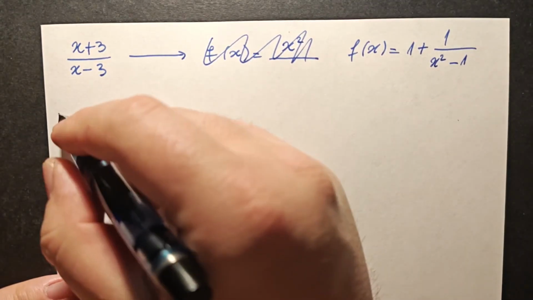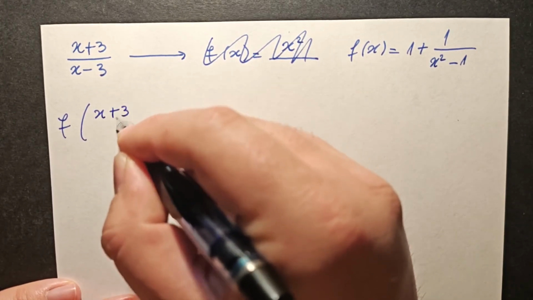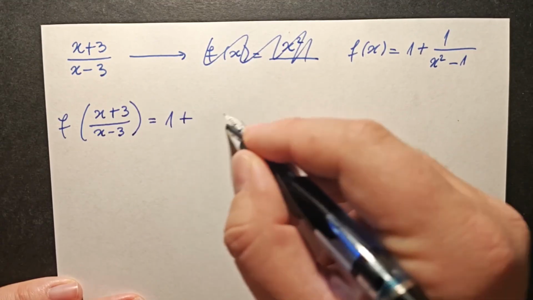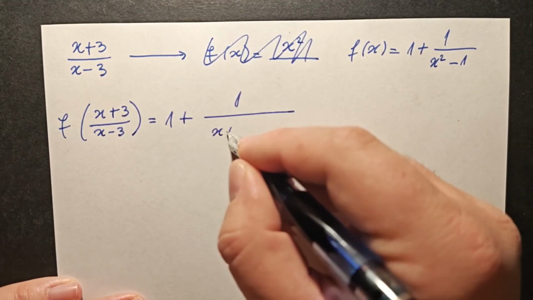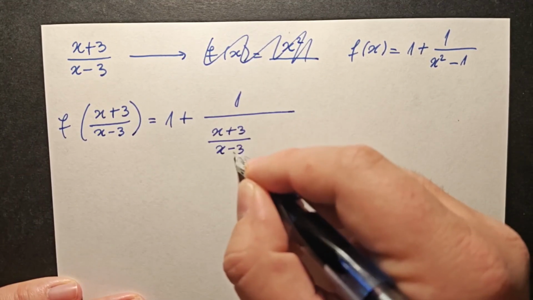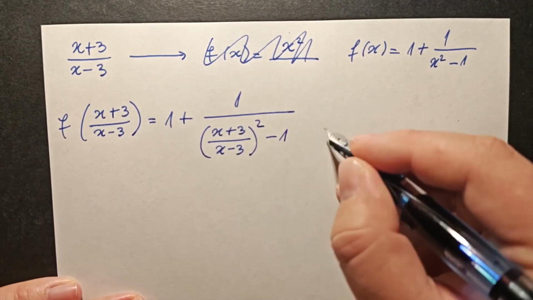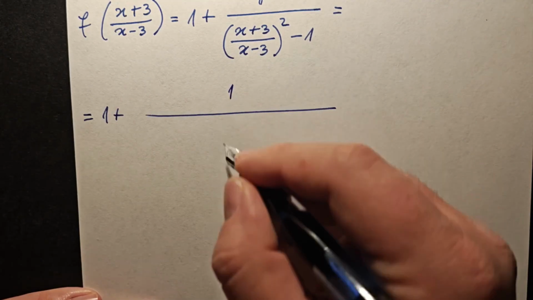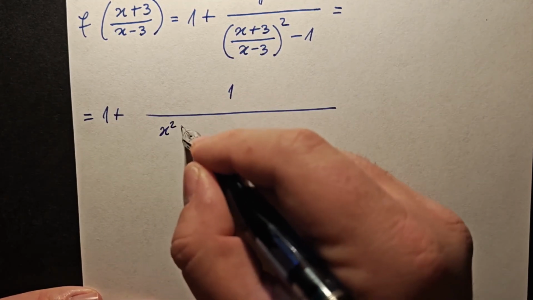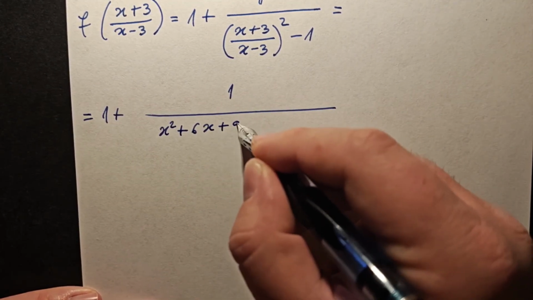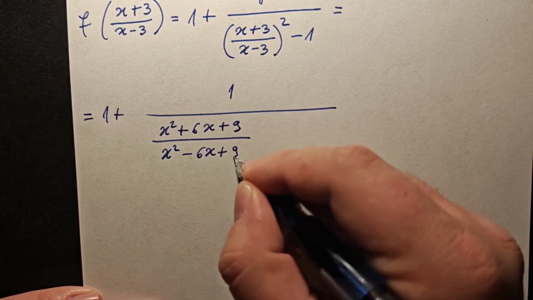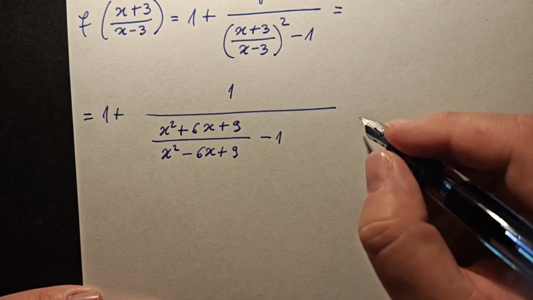So let's do that. f of (x + 3)/(x − 3) is equal to 1 plus 1 over ((x + 3)/(x − 3))² minus 1. And this is equal to 1 plus 1 over (x² + 6x + 9) divided by (x² − 6x + 9) minus 1.